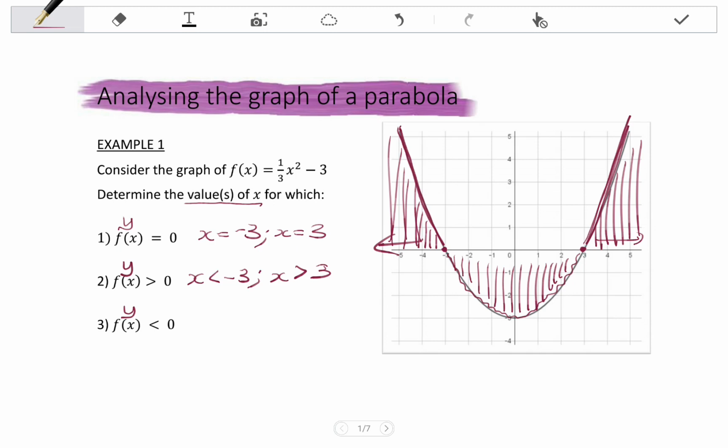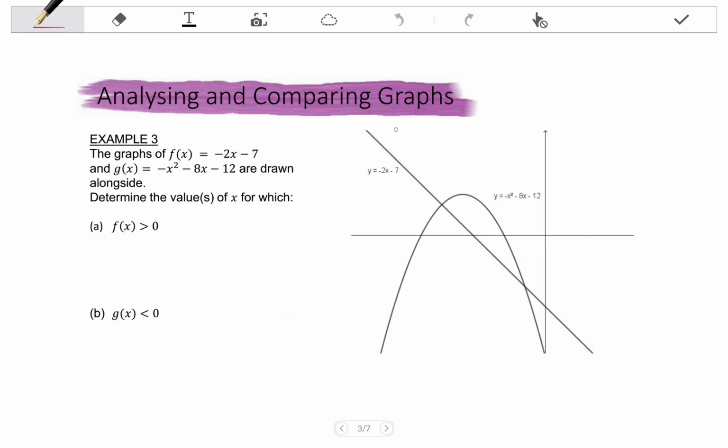I don't include negative 3 and 3 because it didn't also ask where f of x was equal to 0. So if I have one part of the graph, then I will have one inequality. In this case, it's a double inequality. So my lower limit is negative 3 less than x less than my upper limit of 3.